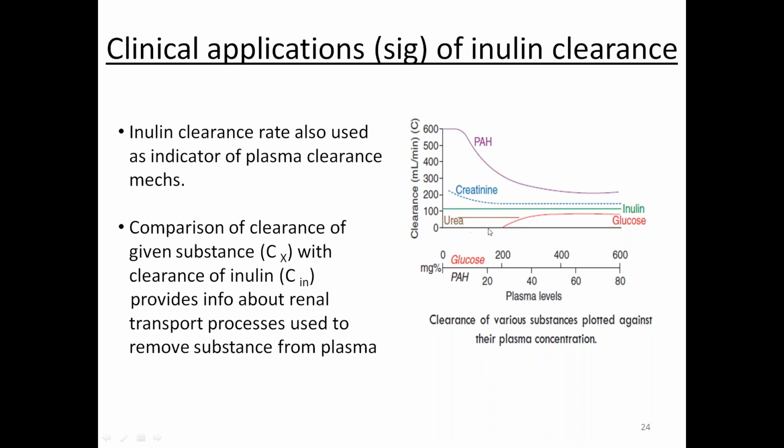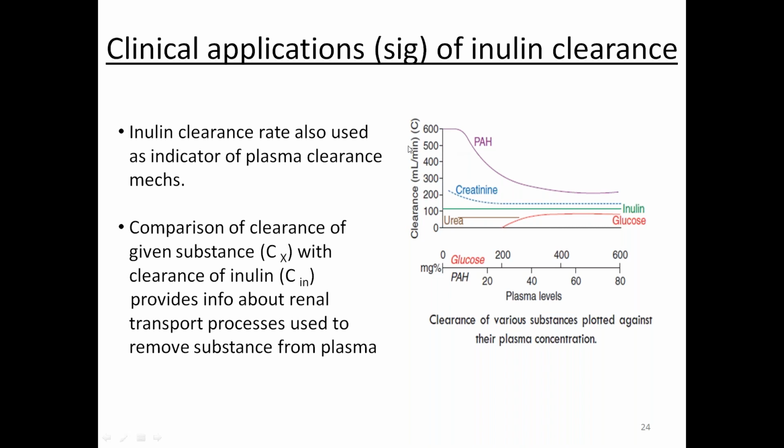So here it's at 0 value. Then it increases as it reaches its TM value, and slowly keeps increasing and then becomes constant. Now it has reached very close to inulin clearance values, right?